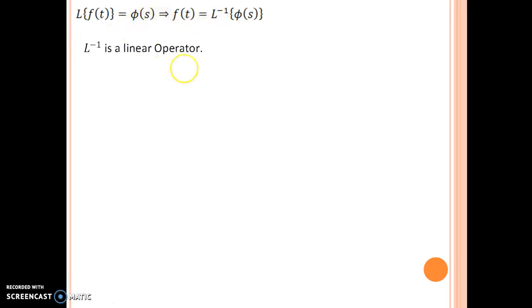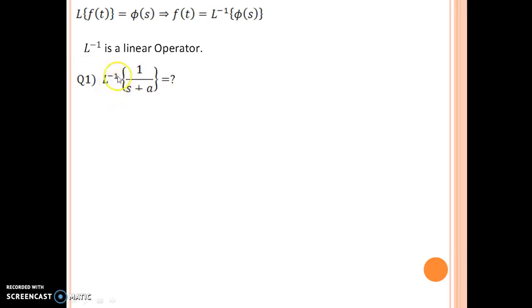So anytime there is any scalar, or there are two functions over which the L inverse operator is operated, then it gets distributed, pulling the scalar outside the function. Now let us see an example to understand how to solve inverse Laplace transform problems.